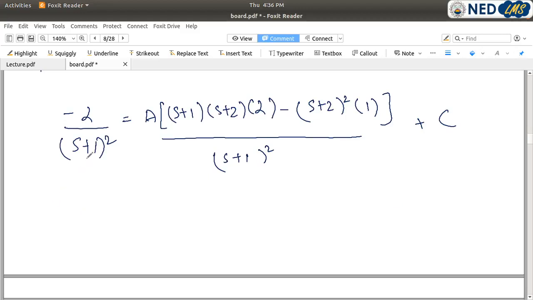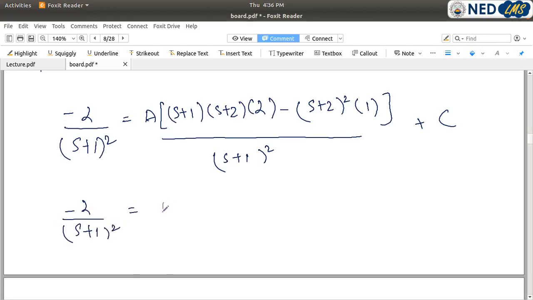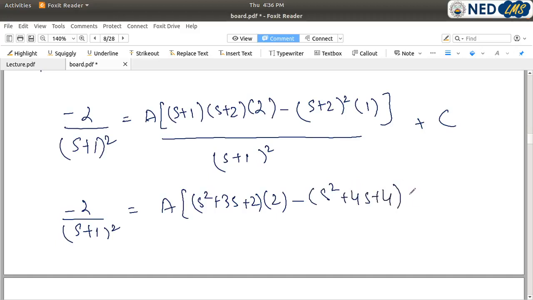Now simplify this equation, minus 2 over s plus 1 whole square is equals to a, s square plus 3s plus 2 into 2 minus s square plus 4s plus 4. This will become s plus 1 whole square plus c.